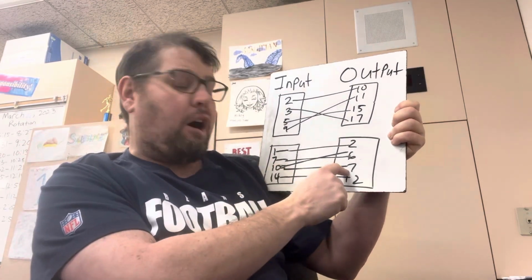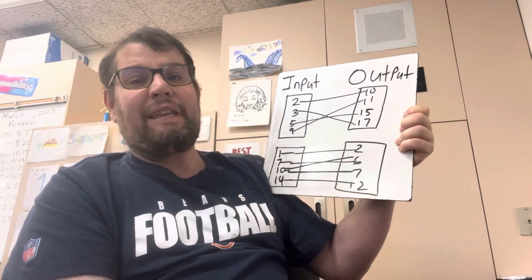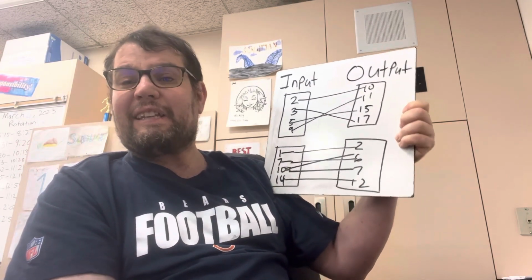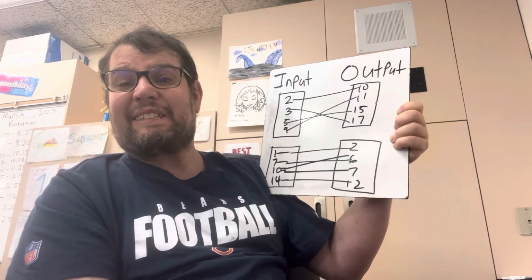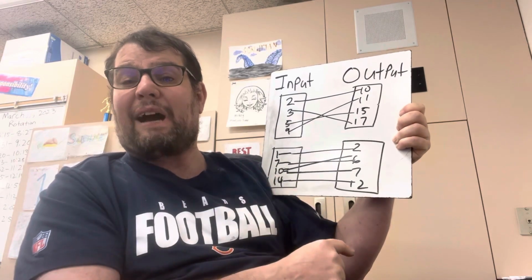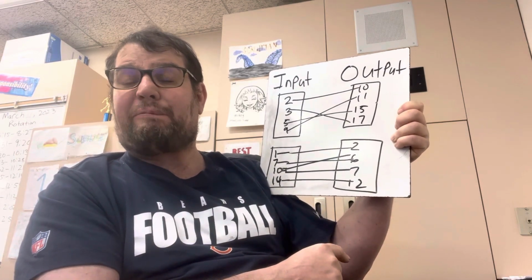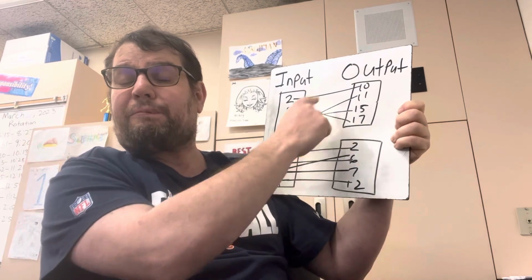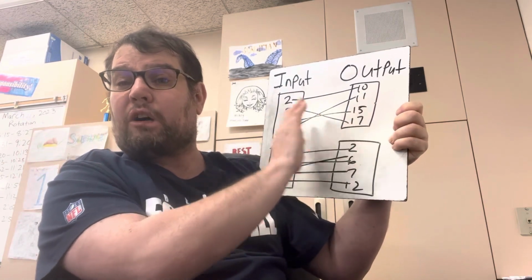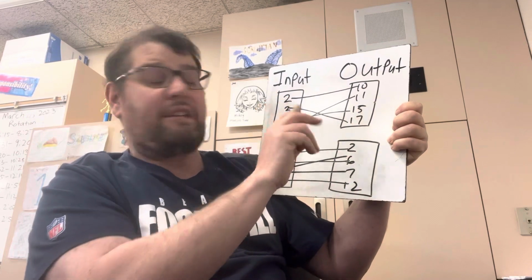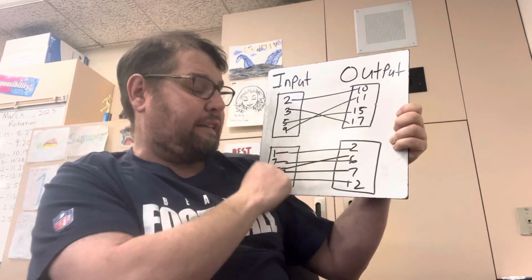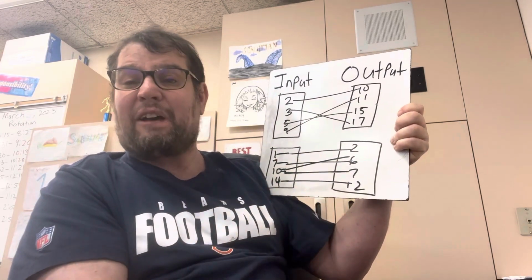The 10 also is a 7. That cannot happen. The 10 cannot be a 7 and a 6. So we know right now that is not a function. Up here is a good function. They're all the same answer or all different. No x has 2 values. Down here, the x of 10 has 2 values. It is not a function.